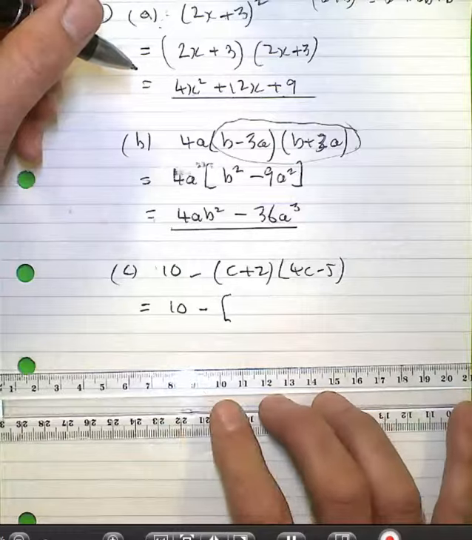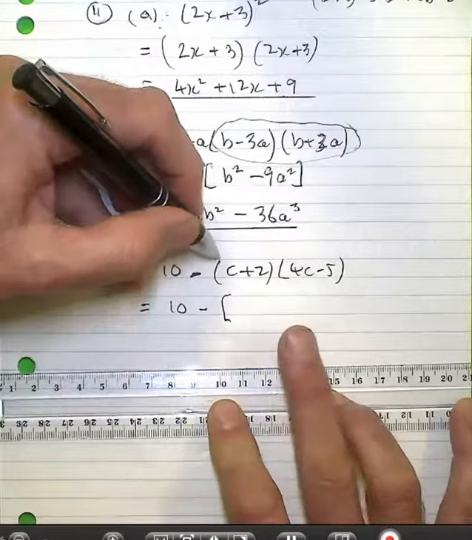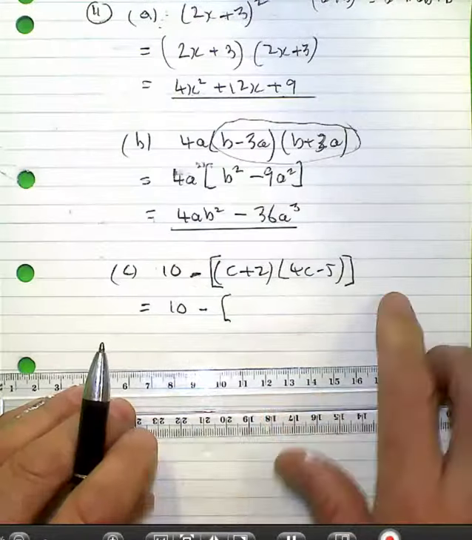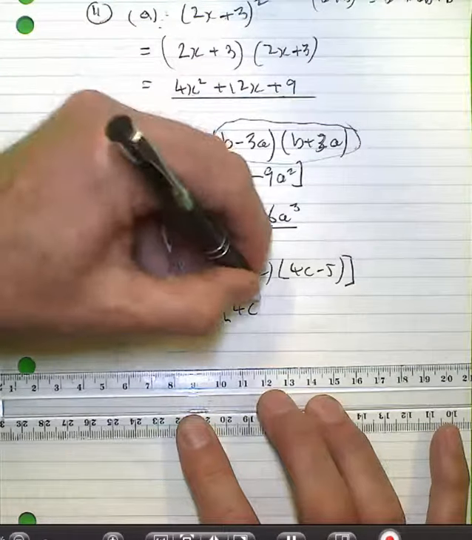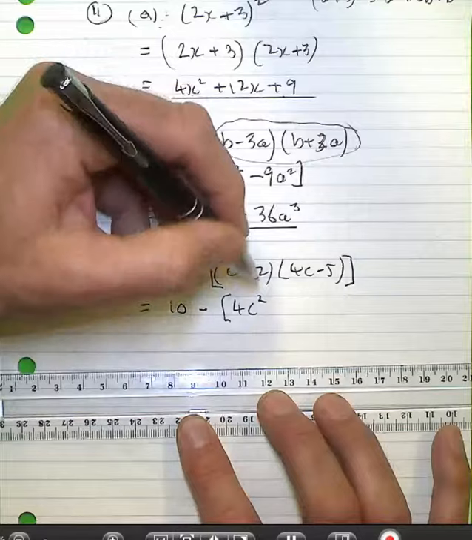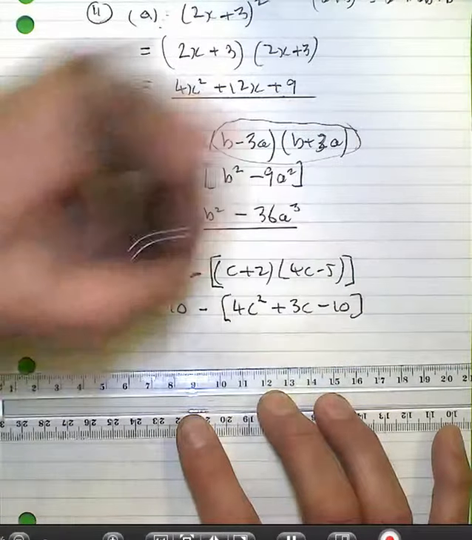Secret to success in C is keeping that negative outside this bracket set until the very end. And to that extent, I'm going to use square brackets to assist me there. So inside the brackets, I've got 4c squared plus 8c minus 5c is plus 3c minus 10.